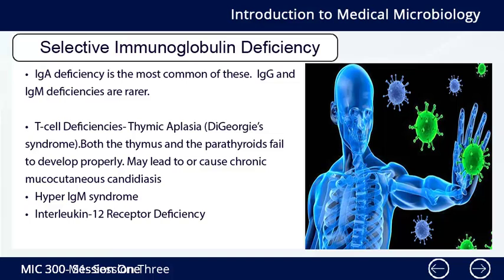Both the thymus and the parathyroids fail to develop properly, which may lead to chronic mucocutaneous candidiasis. Third point, hyperimmunoglobulin M syndrome. And lastly, interleukin 12 receptor deficiency.